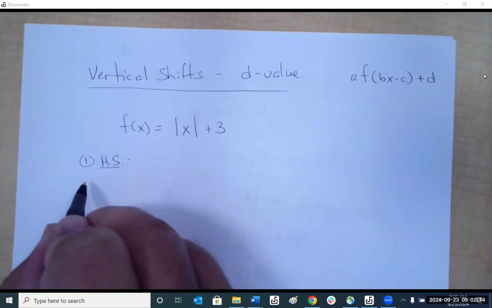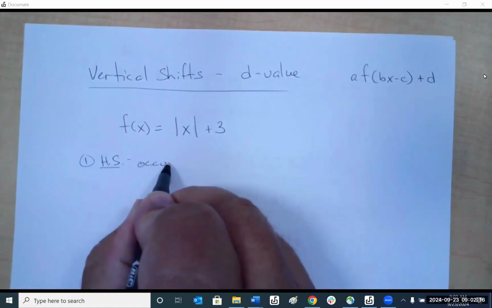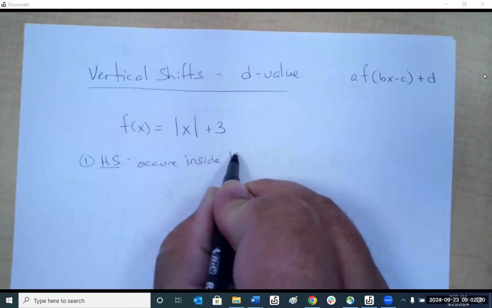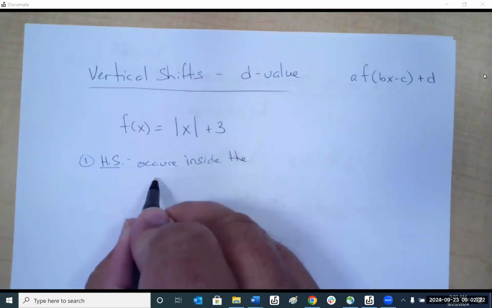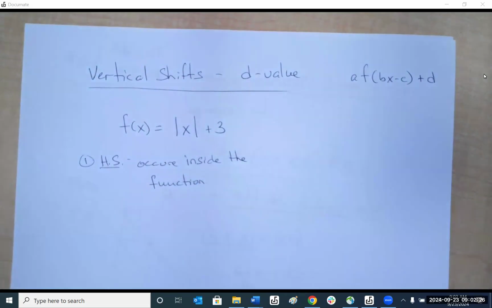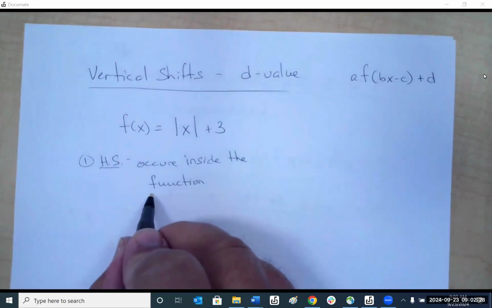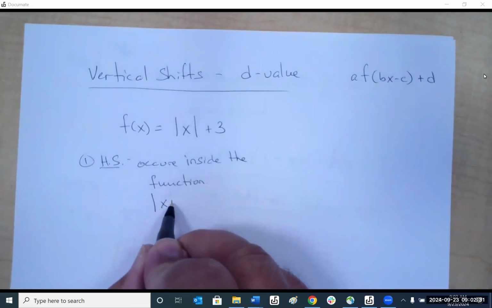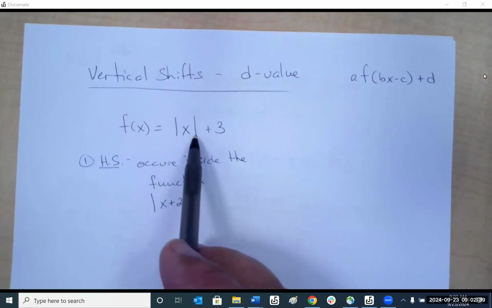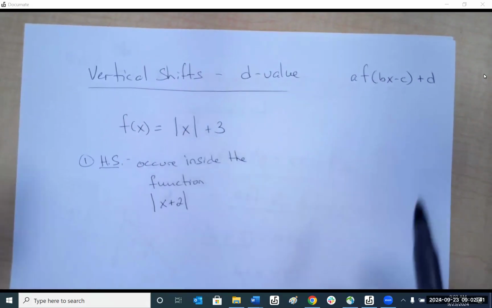Horizontal shifts occur inside the function. In other words, if we had a horizontal shift in this example, it would be something like this. This is the only one with its own symbols. Everything else would have parentheses.